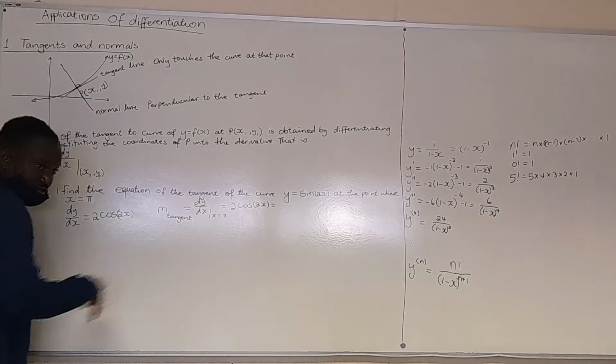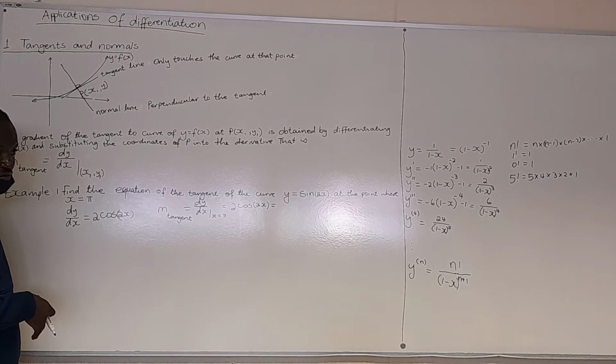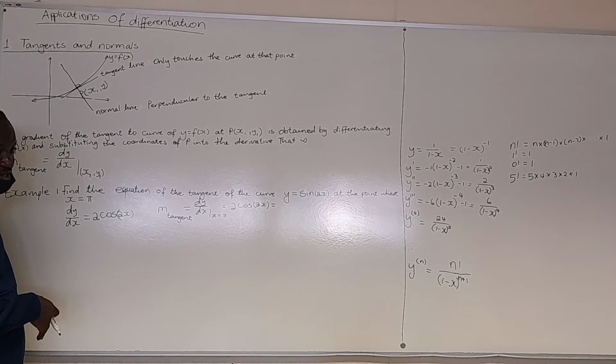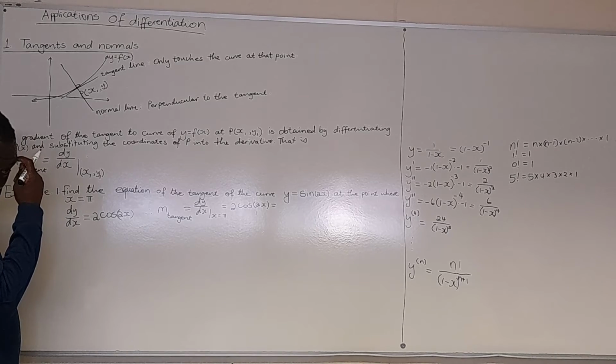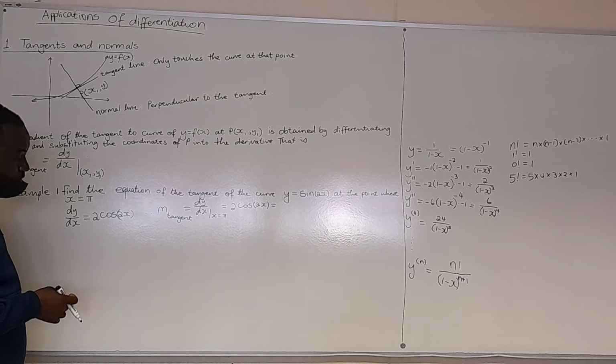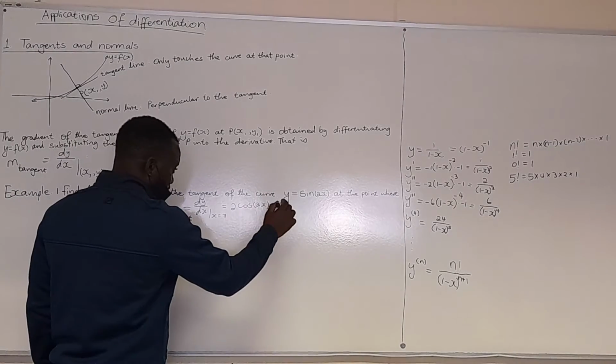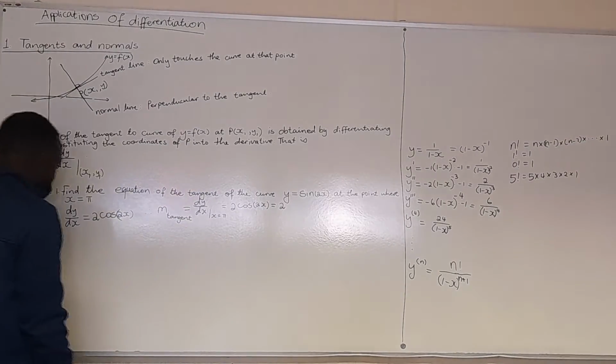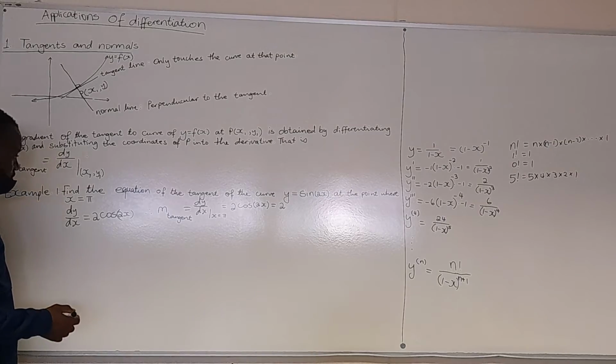Because there's only x there, you substitute only the x coordinate, and what do you get? You get 2. So the gradient of the tangent at that point is 2.